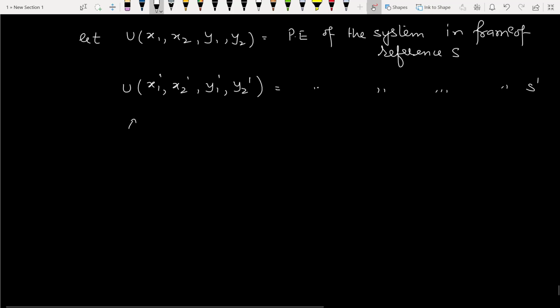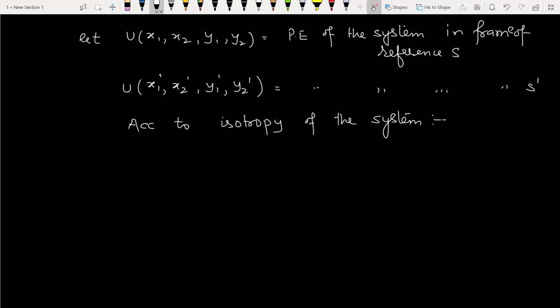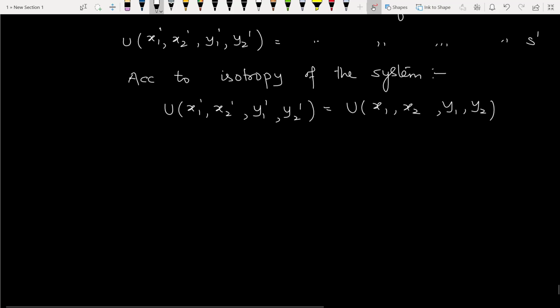According to isotropy of the system, the potential energy in both the frames are the same. So now we substitute the values.